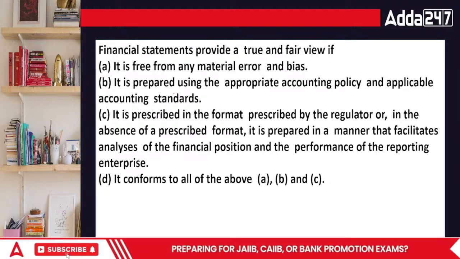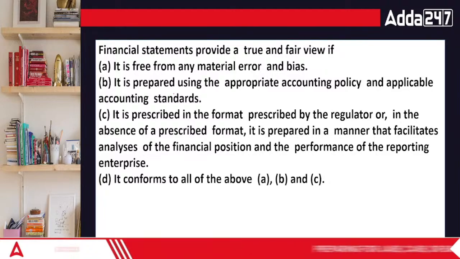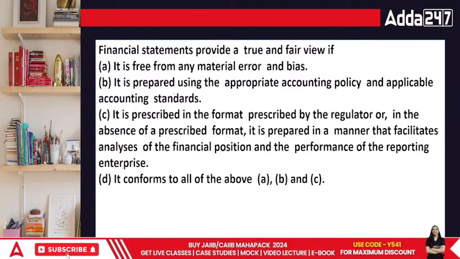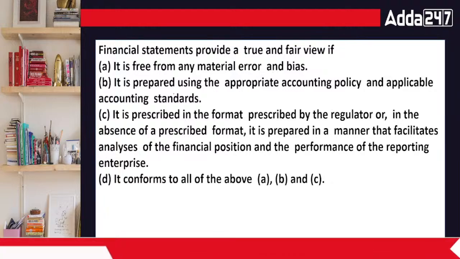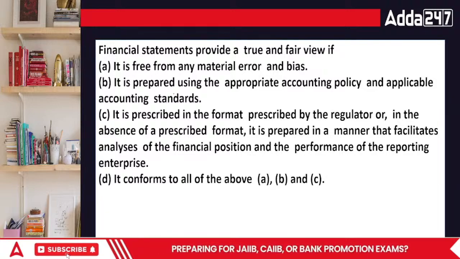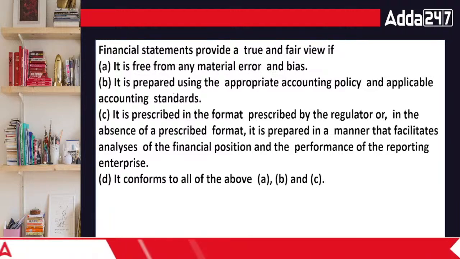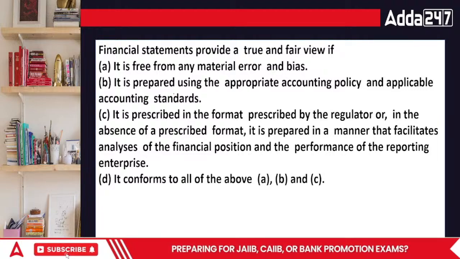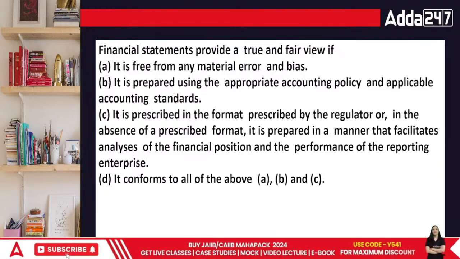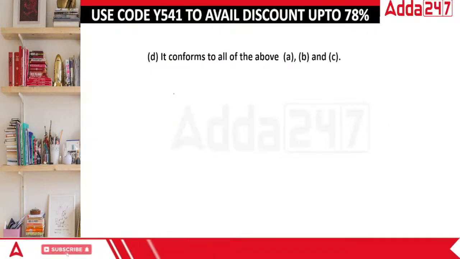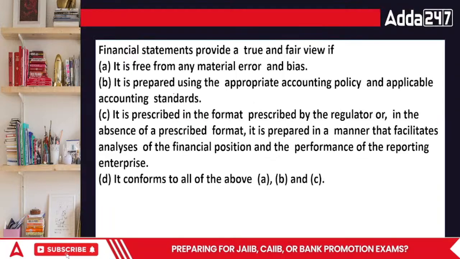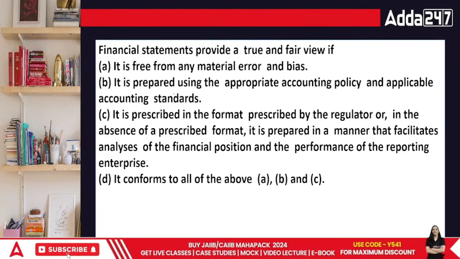It is prescribed in the format described by the regulator or in the absence of prescribed format. It is prepared in a manner that facilitates analysis of the financial statements and performance of the reporting enterprise, or D. It conforms to all of these points. The correct answer in this case is actually it confirms all. In this case, it provides a true and fair view when all of these problems are not there.